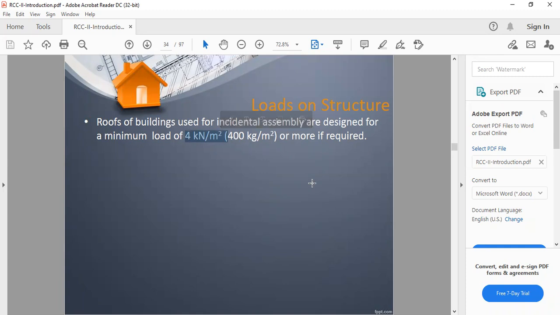Suppose you are going to use the roof as an assembly area. Many buildings nowadays have functions or assembly kinds of things going on, and that's the reason that load could be considered as 4 kilonewton per meter square.